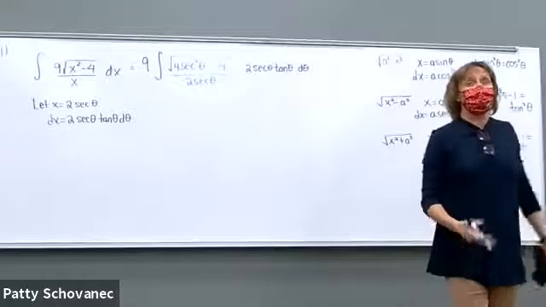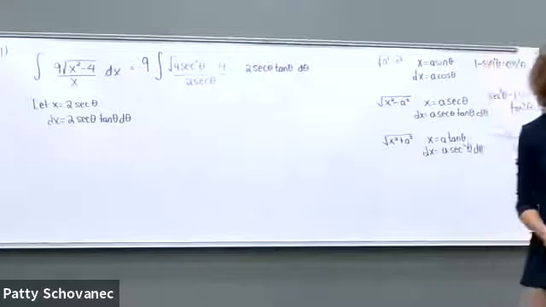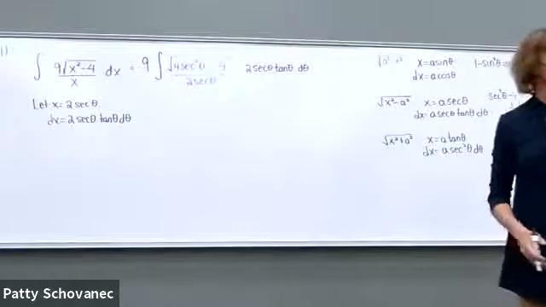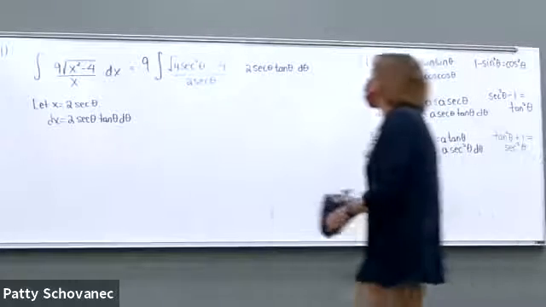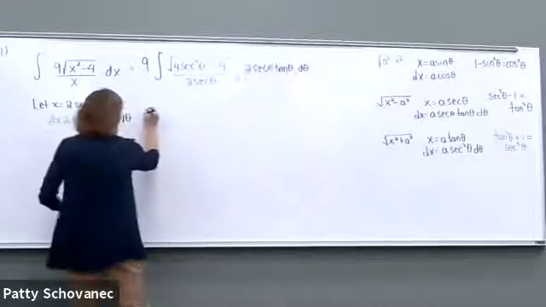I usually simplify that radical sign and then cancel, but you can cancel at this step if you want. You can cancel the two secant thetas right now. And then I'm going to factor out the 4 and get secant squared theta minus 1 as the other factor.